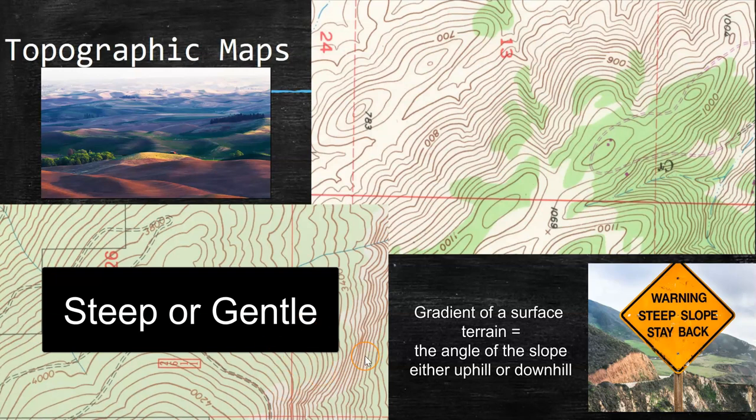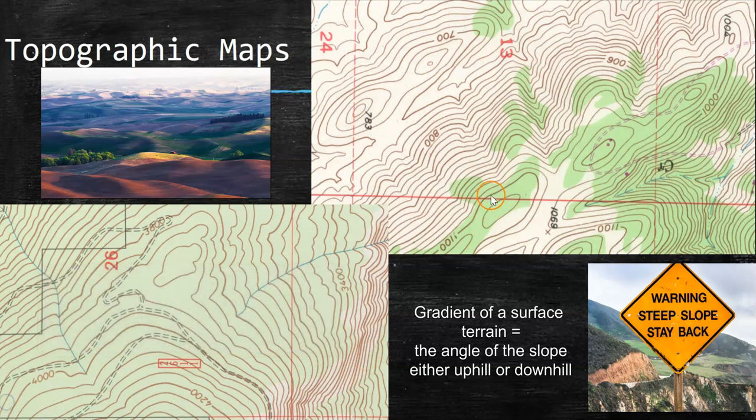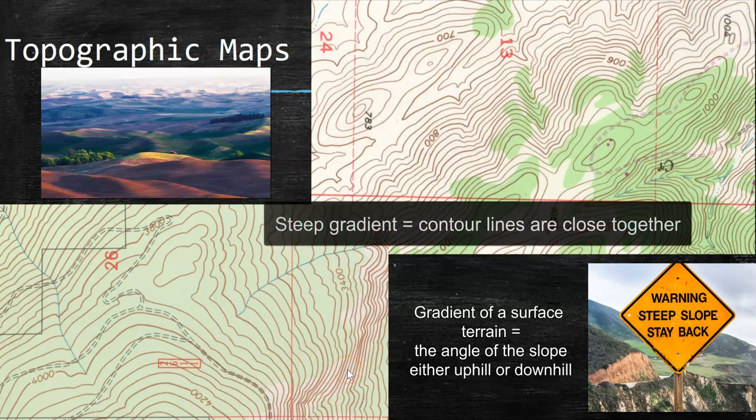Now, because the contour interval is the same across the whole map, that it's 40 in this case, and in the top right map it's 20, that the contour interval is consistent, we know that if the contour lines are close together, like this in parallel lines, which they usually are, that indicates a very steep gradient.